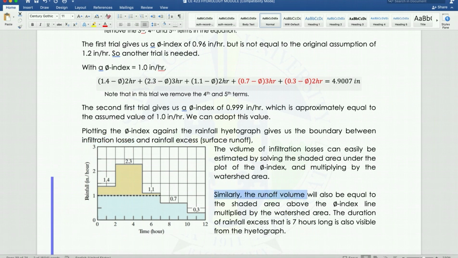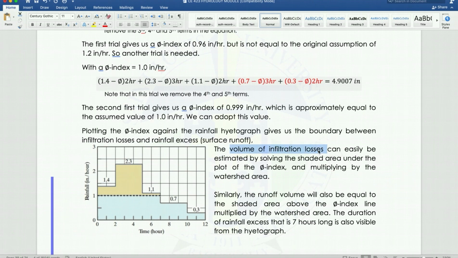Similarly, the volume of infiltration losses can be easily estimated by solving the shaded area under the plot of the phi index and multiplying it by the watershed area. So, determine natin yung volume. Kunin lang natin yung volume nito. We can get that volume and i-multiply lang natin sa watershed area. Yun na yung volume of infiltration losses.